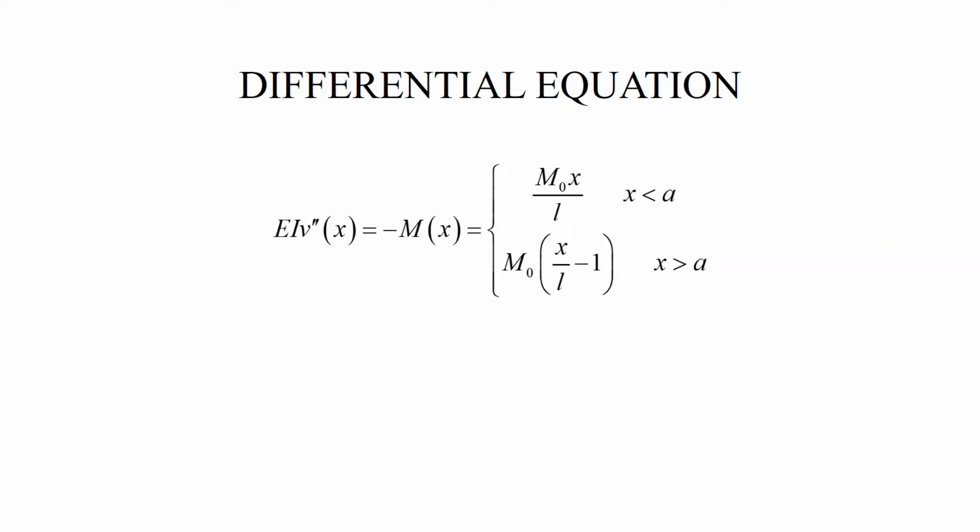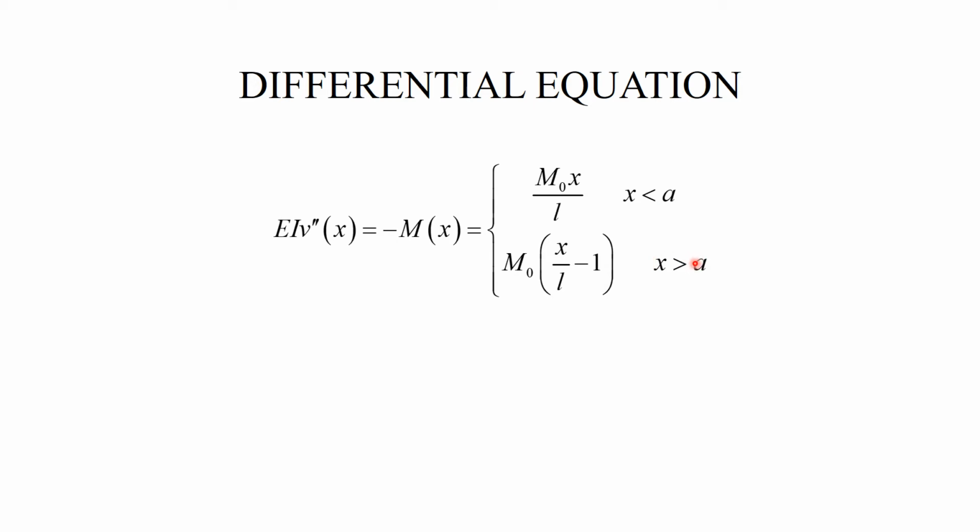So now I can write the differential equation, and we write it in the form which emphasizes that the expressions for the couple are discontinuous, right? So we have two branches, one valid for x less than a and another for x larger than a.